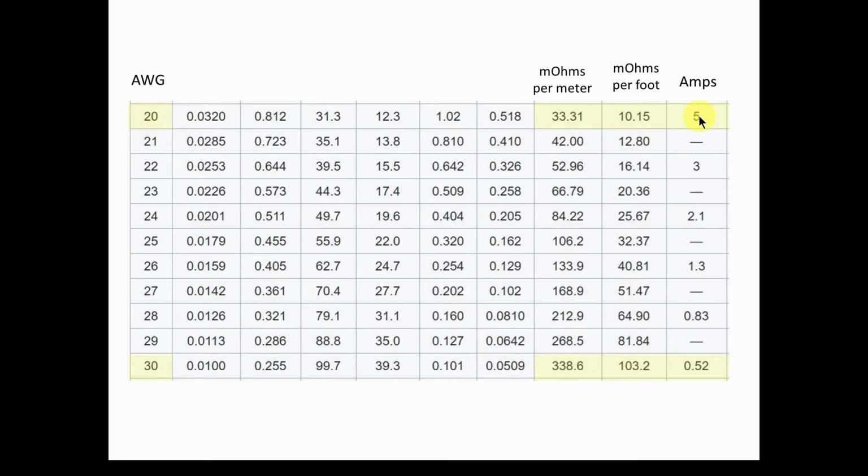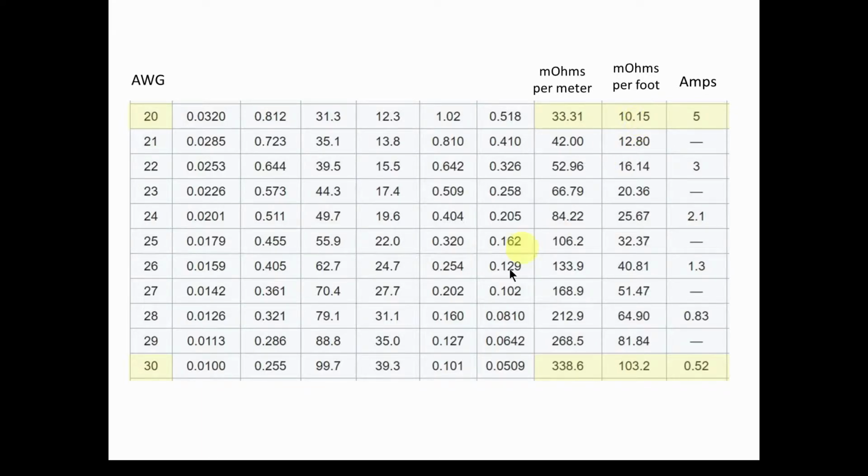I just want to get in the right ballpark. So I'm going to say it's about a 20 AWG, 5 amp rating, and this tells us how many milliohms per foot. So it's 10 milliohms for each foot of wire. We can use that to guesstimate how many ohms of resistance this would be before we actually measure it on the bench.